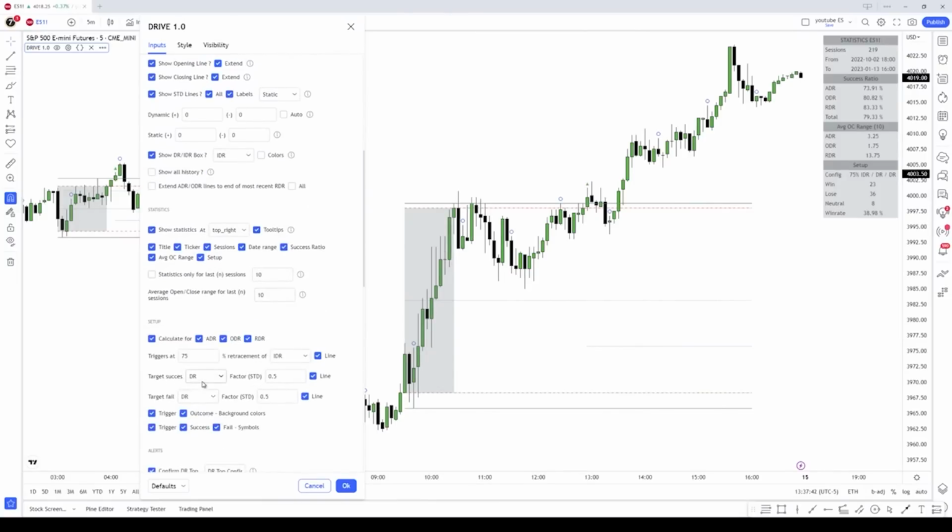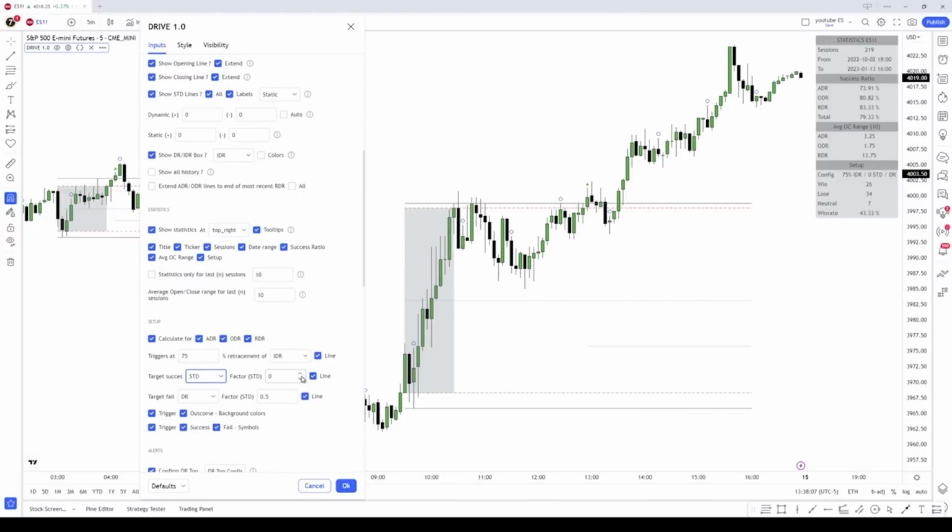And then we want to see what would be the target. In this case, it's DR or factor 0.5 standard deviation. So we could go to 0, we could go higher. You can test every scenario where you want to go. If you want to use standard deviation, you go down here and set the target standard deviation.